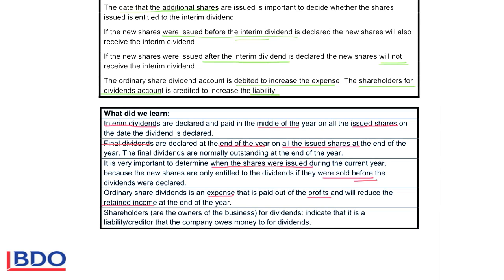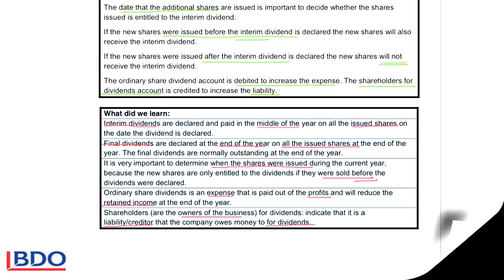So they always retain some of the profits in the business. Shareholders are the owners of the business. And if we open an account for shareholders for dividends, this indicates that the shareholders is a liability. It's a creditor to the company because they owe them money for dividends.